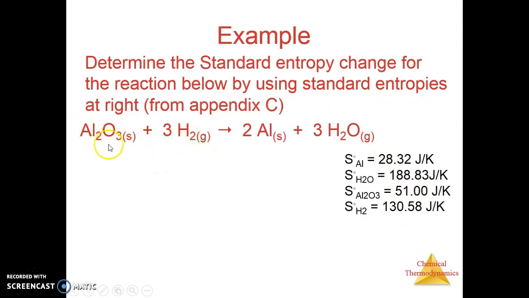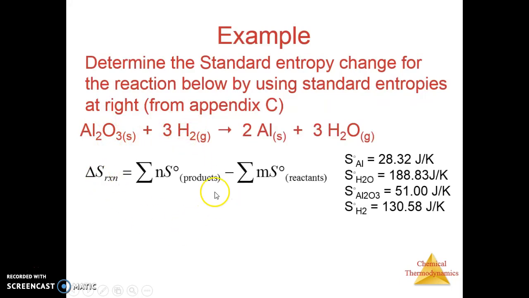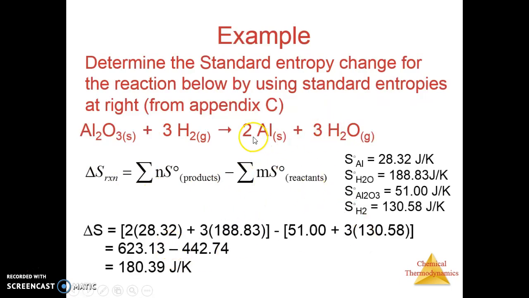I'm going to subtract the values of entropy for the reactants because I'm losing that disorder. So sum of the products minus the sum of the reactants. Again, you've got to consider the coefficients. So 2 aluminums times 3 waters minus the sum of 1 aluminum oxide and 3 hydrogen gases. We wind up with a delta S of positive 180.39 joules per Kelvin.